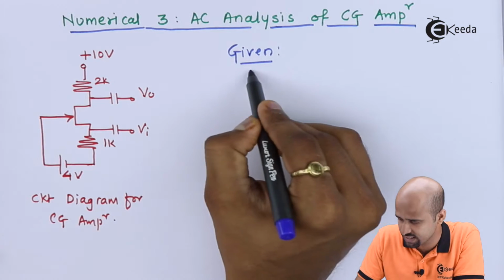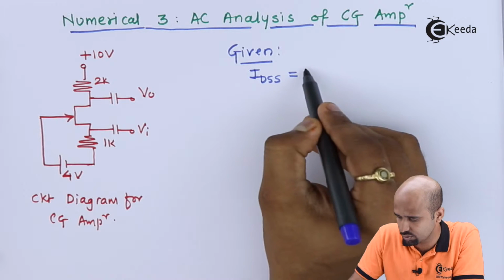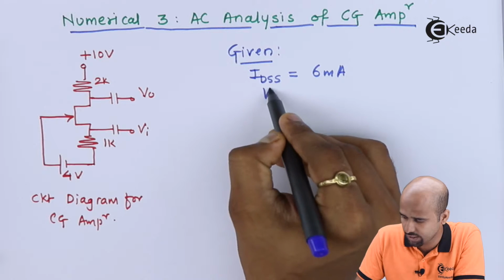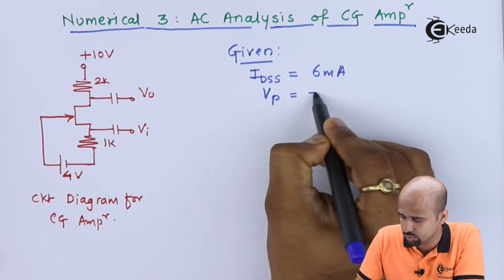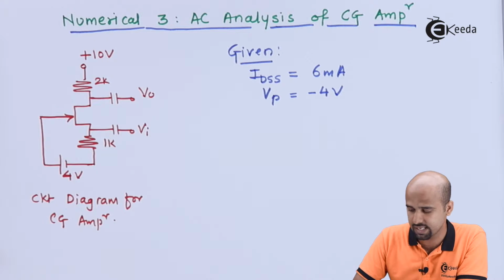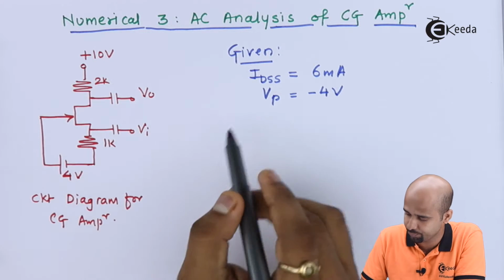they have given as the value of IDSS is equal to 6 milliampere and the value of VP is equal to minus 4 volts. This is an example of N-channel JFET. Mind well.